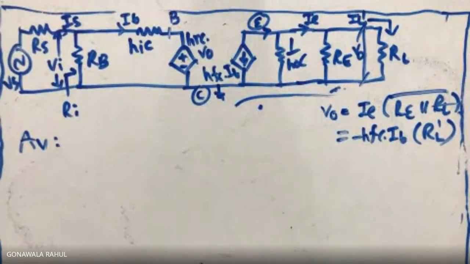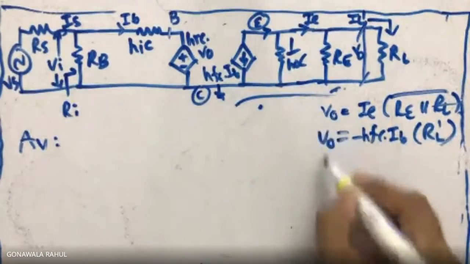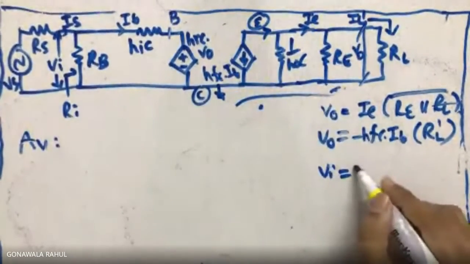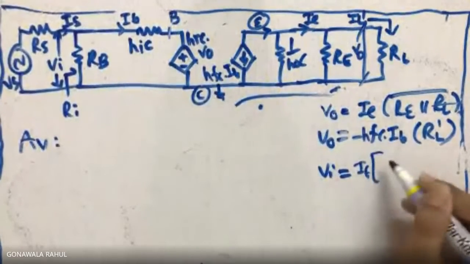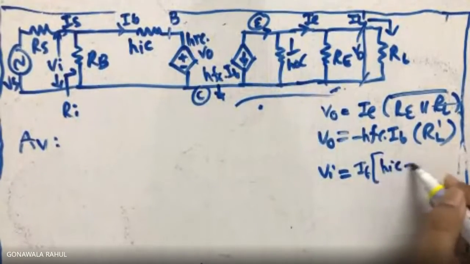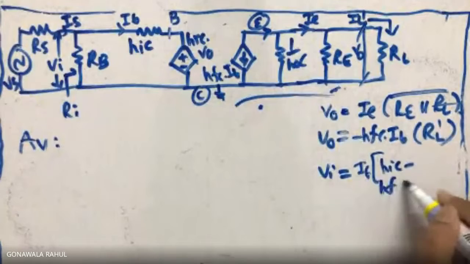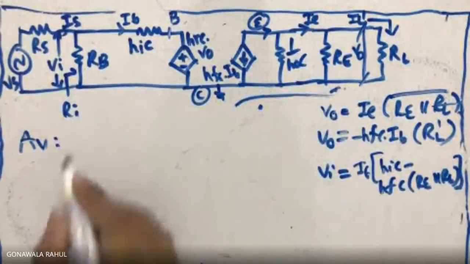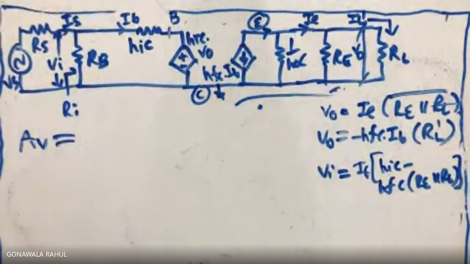Okay, what is input? Vi. As we have derived earlier, V in is equal to IB into HIC minus HFC into RE parallel RL, that is also RL dash. So AV is nothing but V out by V in.